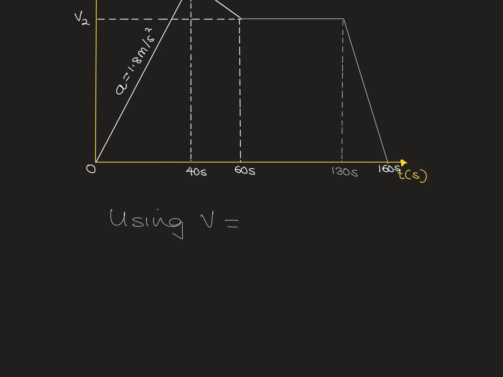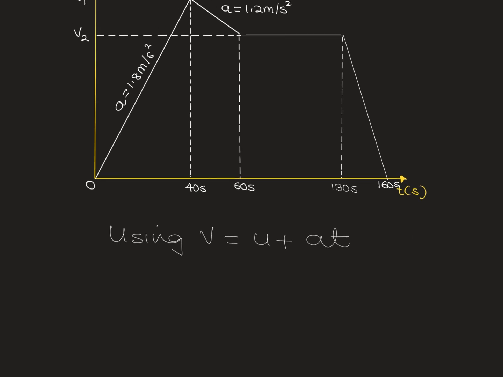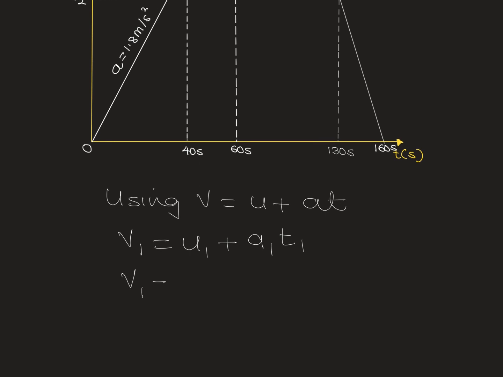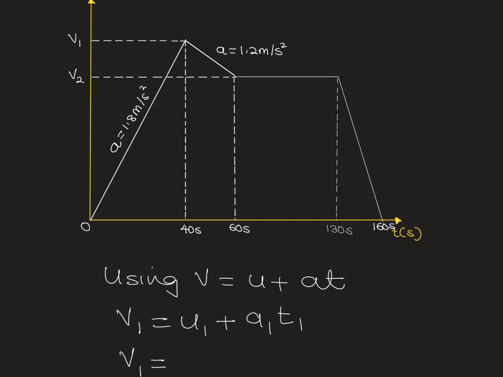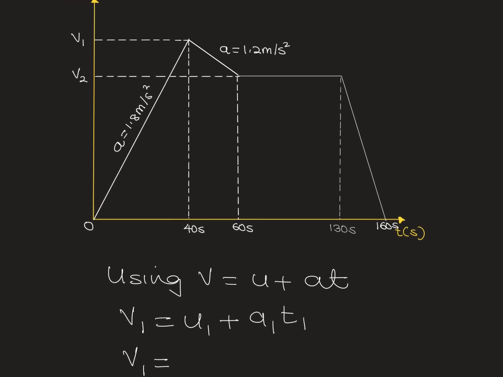v is equal to u plus at, because I am considering the first phase of the motion, I will say v1 is equal to u1 plus a1 multiplied by t1. So v1 is equal to what is the initial velocity for the first phase of the motion. This is the initial velocity for the first phase of the motion because the body starts from rest.